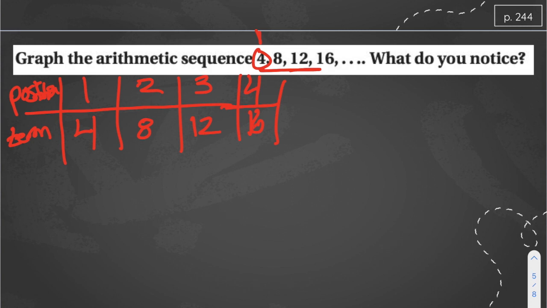We could keep going, but we don't need to. So we put it in a table that helps us identify our points. Our points on our graph are going to be (1, 4), (2, 8), (3, 12), (4, 16), and so on.